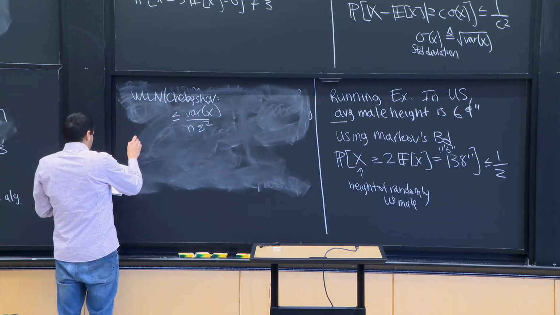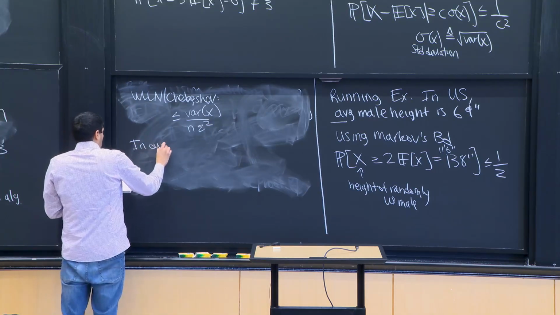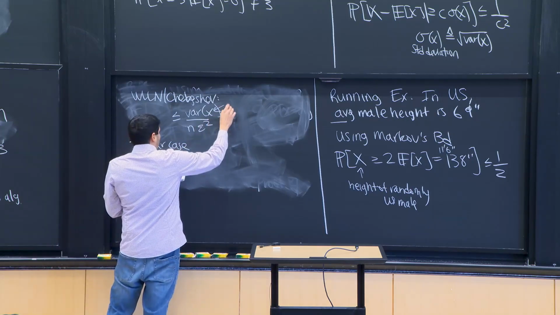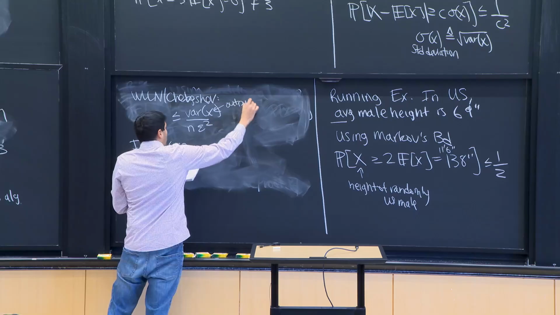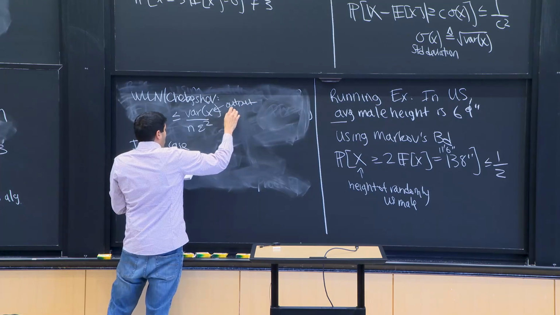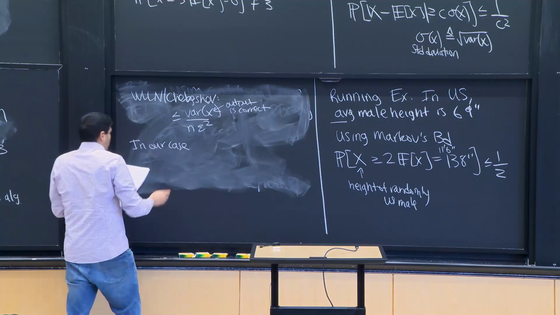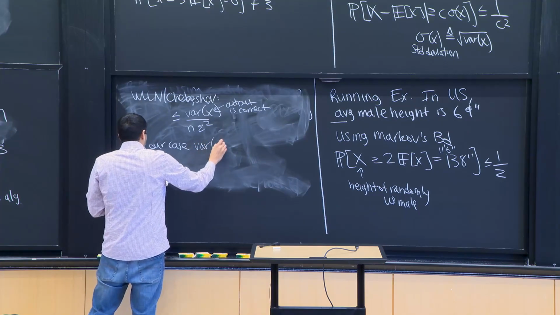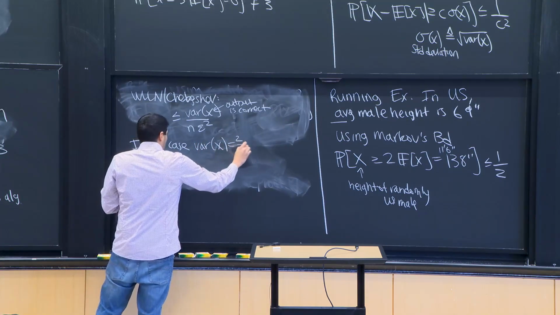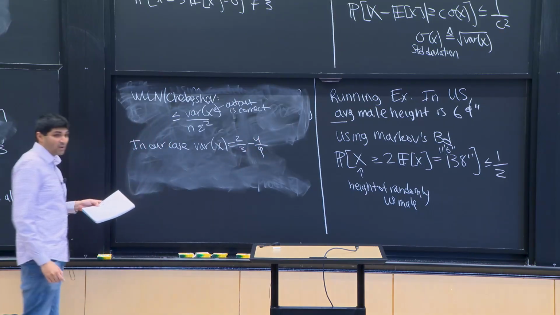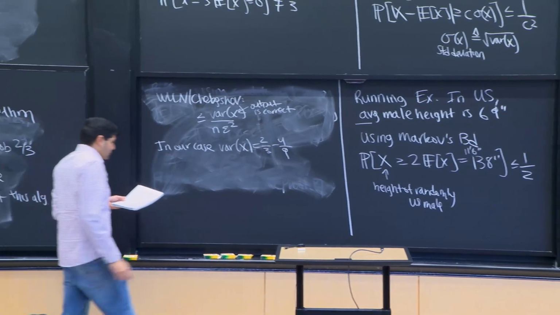And in our case, we can take x to be just whether or not the output of our randomized algorithm is correct or not. You can compute that the variance of x is going to be 2/3 minus 4/9. So it's some reasonable constant.